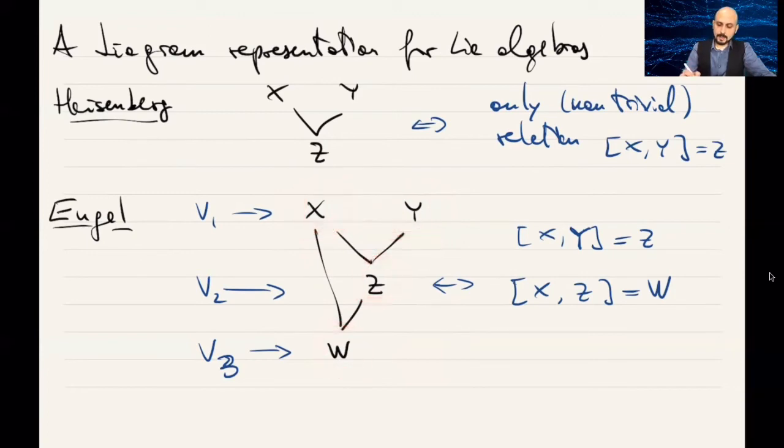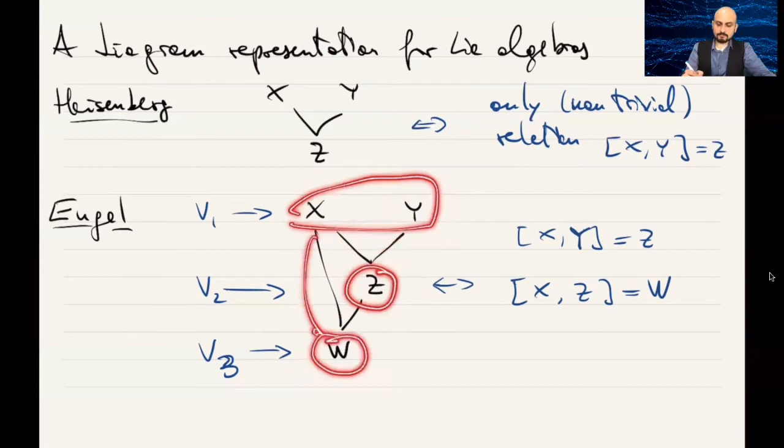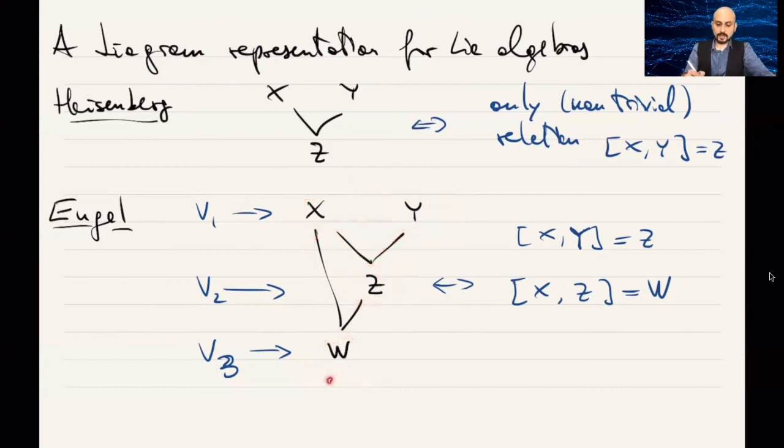And you see, the brackets will be such that V1 gives something in V2 and only V2. Something from V2 and V1 will give something in V3. And then there is no more bracket. So V4 is equal to 0. So this is an algebra that is stratified.